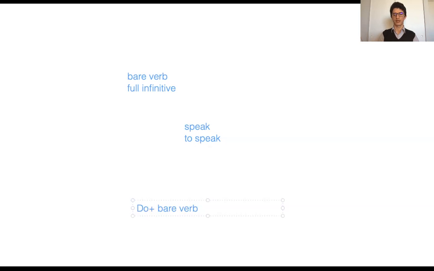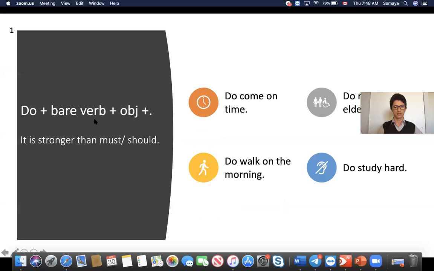Do, bare verb, and object or complement. Look at this example here: do plus bare verb plus object or complement. Like this: Do come on time.